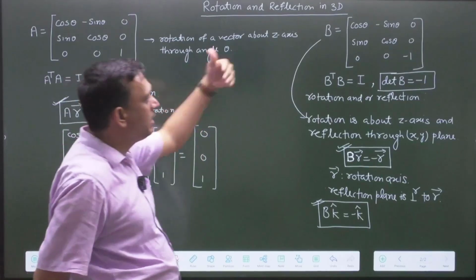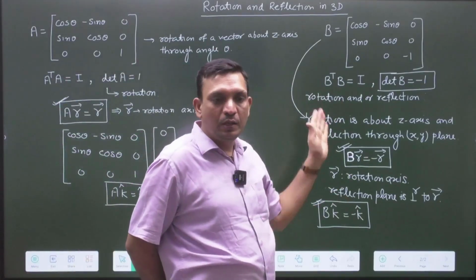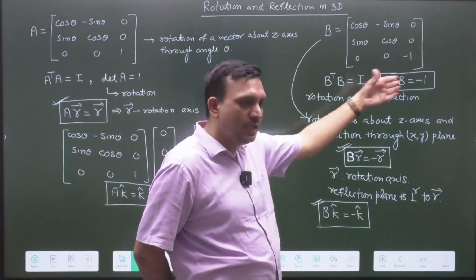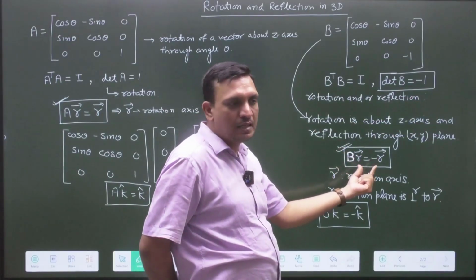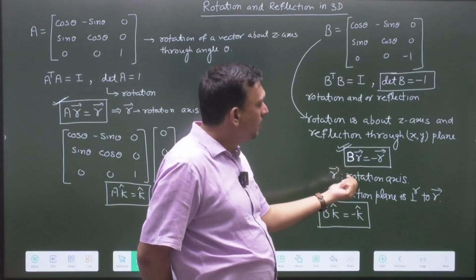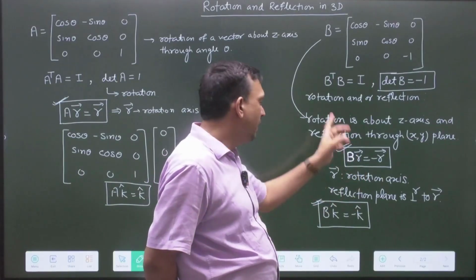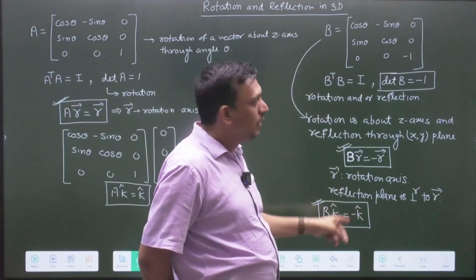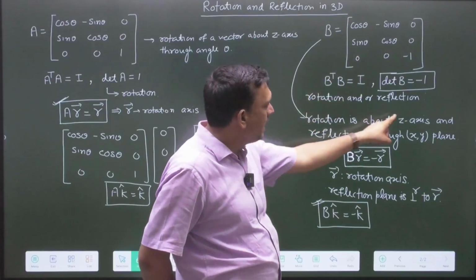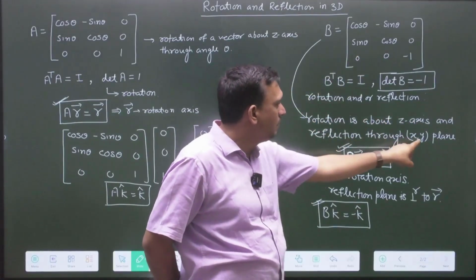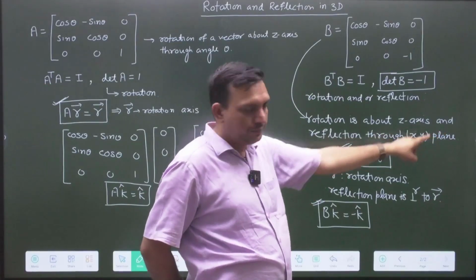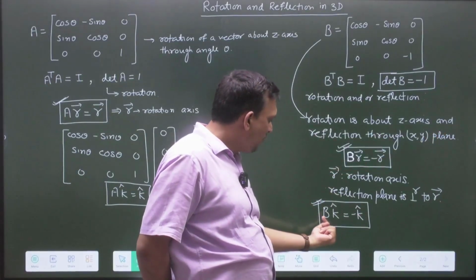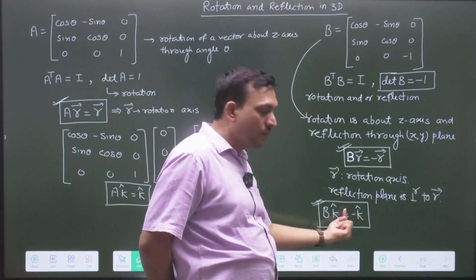If the determinant is -1, there is a possibility of rotation as well as reflection. The rotation axis you will get from this, R will be the rotation axis, and the reflection plane will be perpendicular to R. For the given matrix, the rotation axis is the Z axis and the reflection is through the XY plane, because if you operate B on K cap, the sign changes.